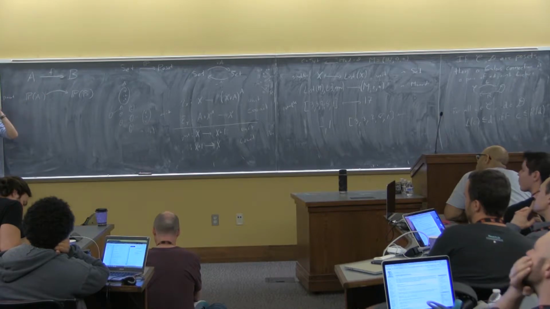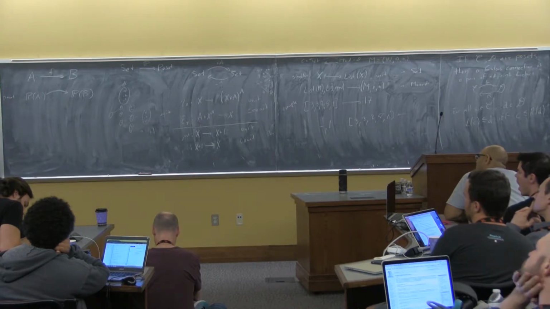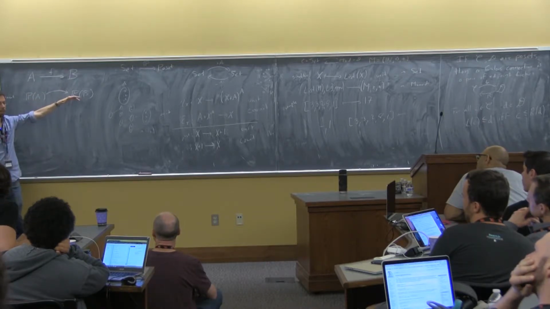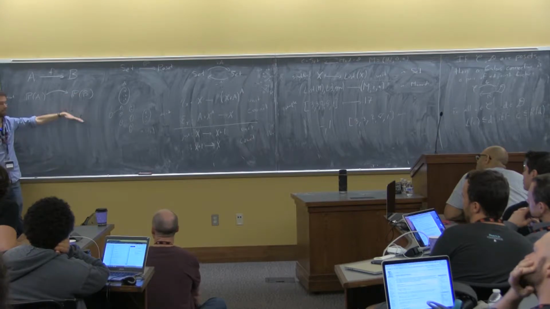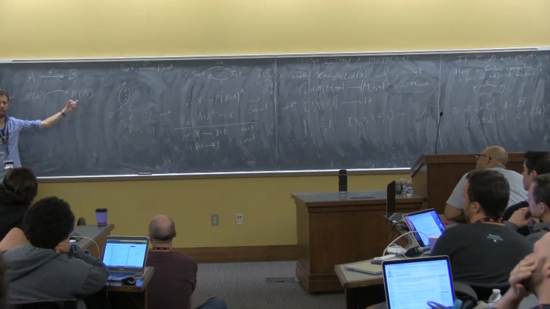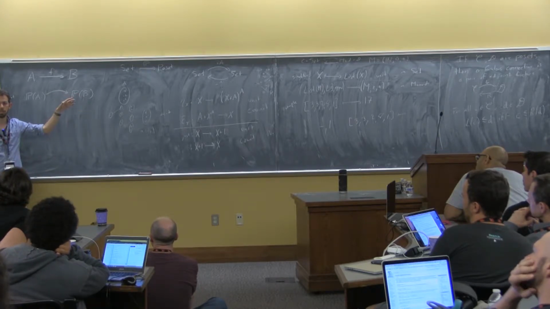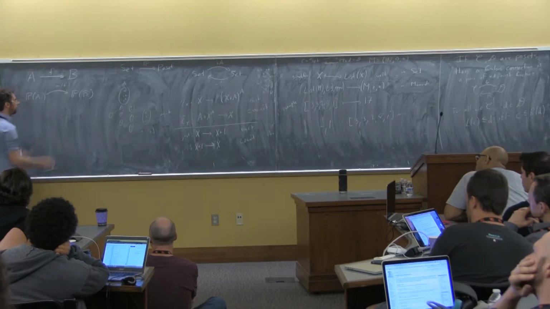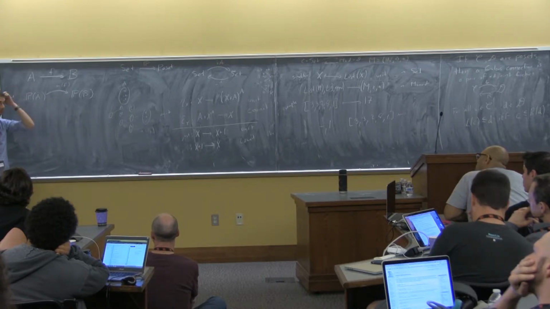You'd map them all by f. You would get a bunch of things in B. You might get repetition, but you're not allowed that for a subset, so just throw away all the repetition. That's a subset of B. That's called the image of f. You have a subset of A, you take its image.